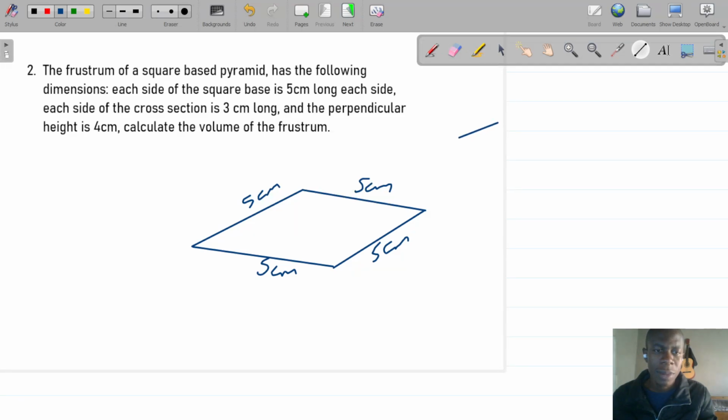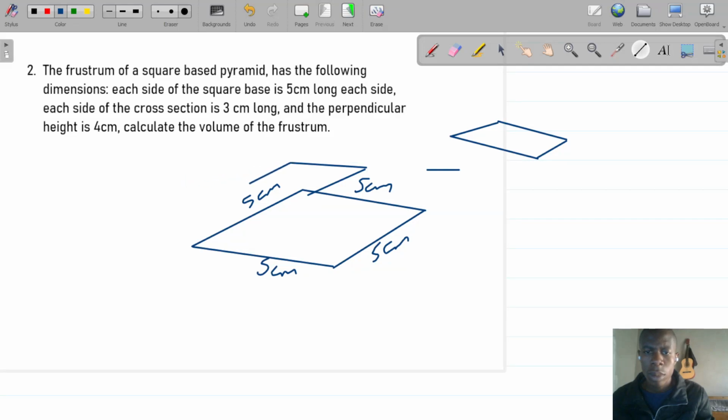So it would be something like that. Let me see, can I draw it on top here? All right.